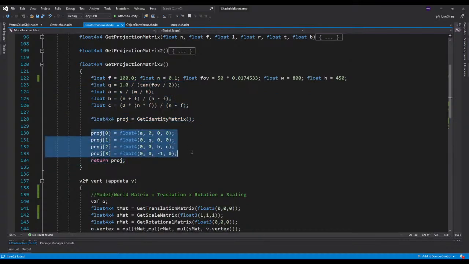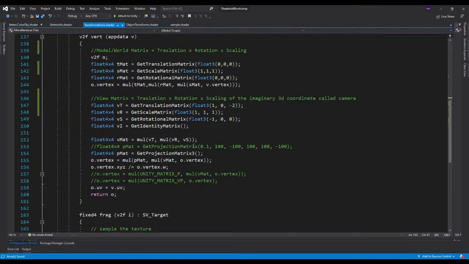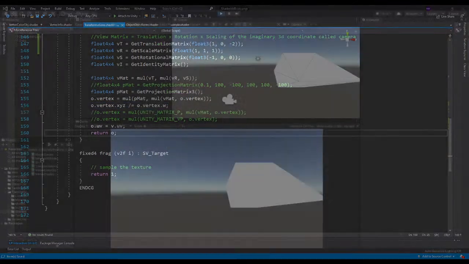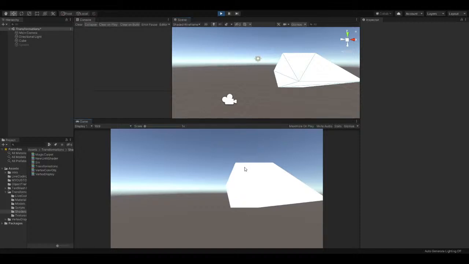This is how it looks: first row, second row, third row, fourth row. That is how you finally convert your 3D object to a 2D space, and then you do a perspective divide. So that is what happens in the vertex shader. I hope it is clear by now what happens in a vertex shader.